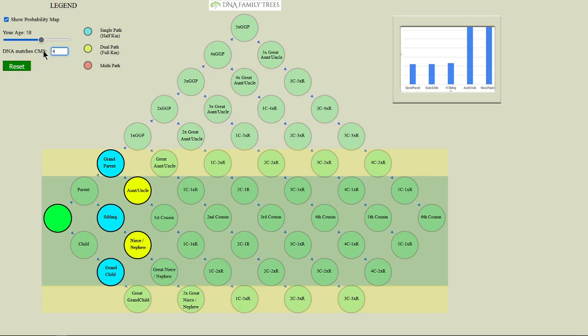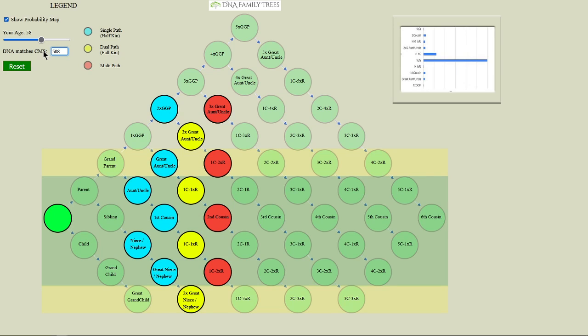So I was able to identify the multipathing with here. And in this case, I have some cousins that are quadruple path, and I also have second cousins that are 6 paths. And guess what? It tells me right here when I look at the chart, first cousin once removed is number 1, and then it says half first cousin, number 2, and then when I look here, the second cousin is actually number 3.